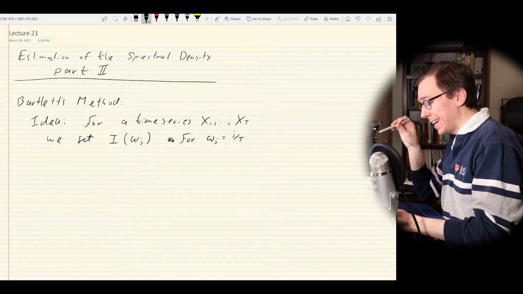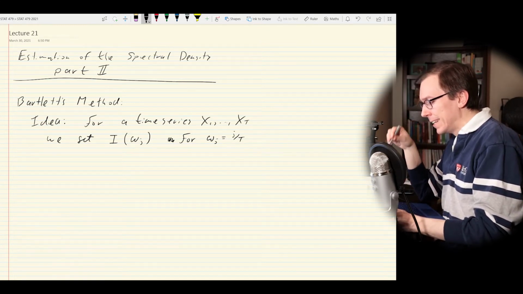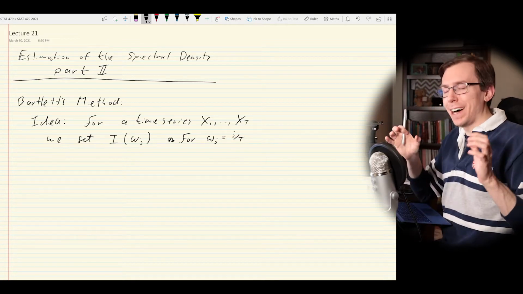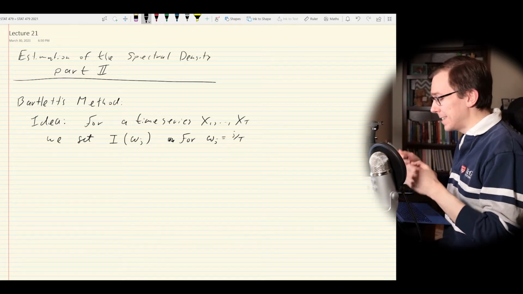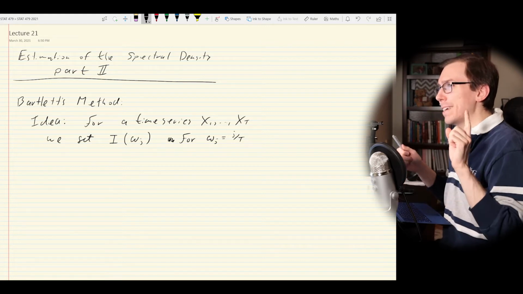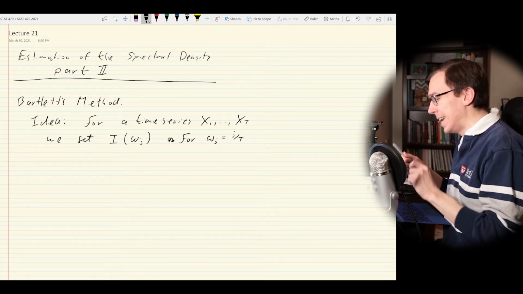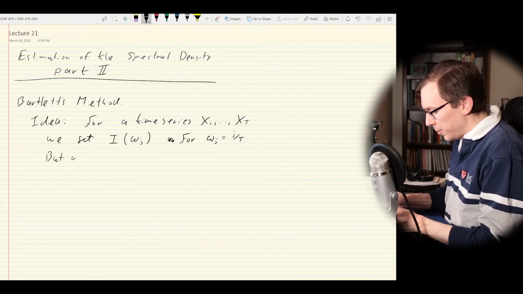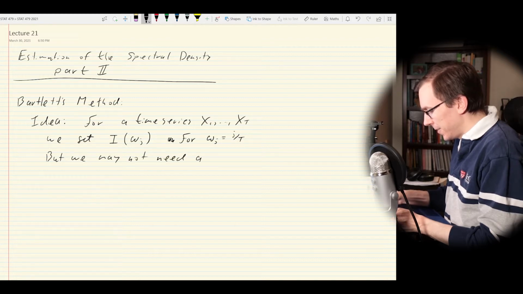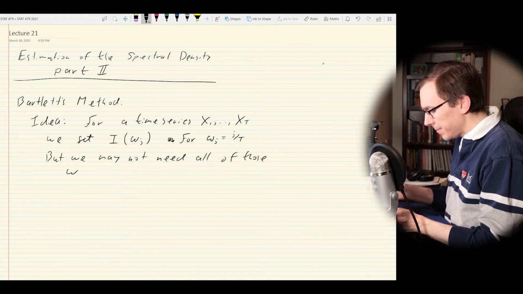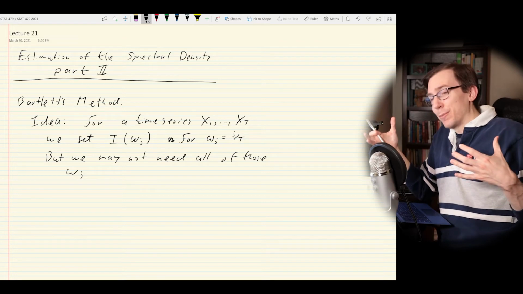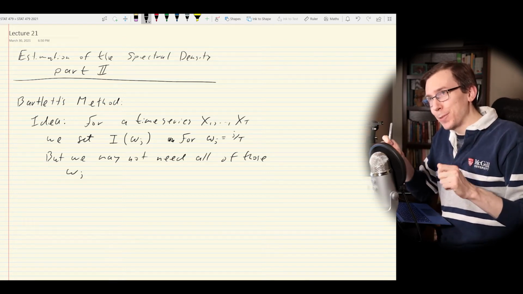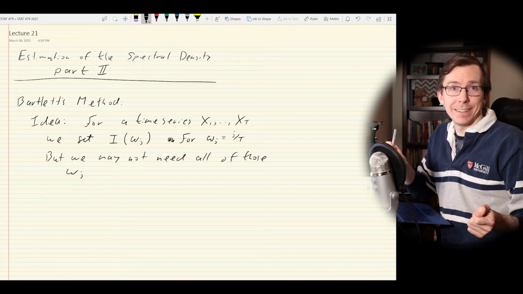What I was saying is that if T is large, we have a very fine granularity. We can evaluate the periodogram at a lot of different frequencies, but we may not need all of those omega j. Instead, we might want to have fewer frequencies, but do a better job at estimating them.